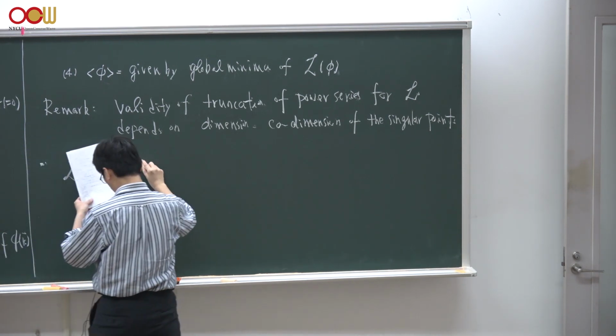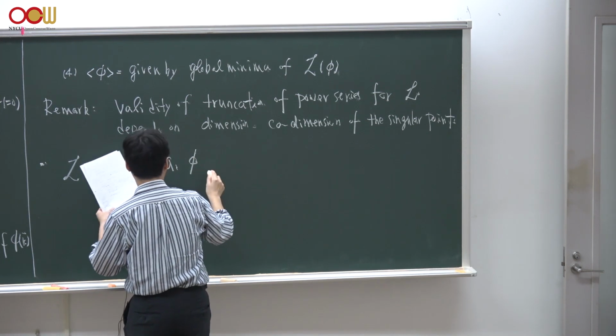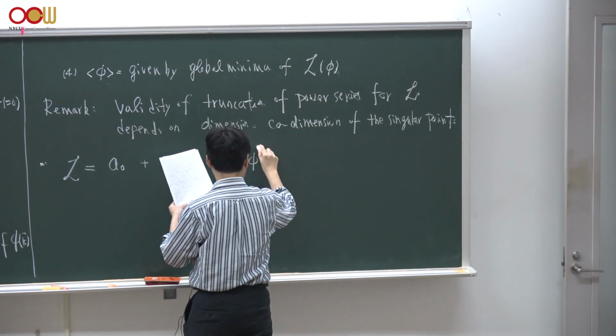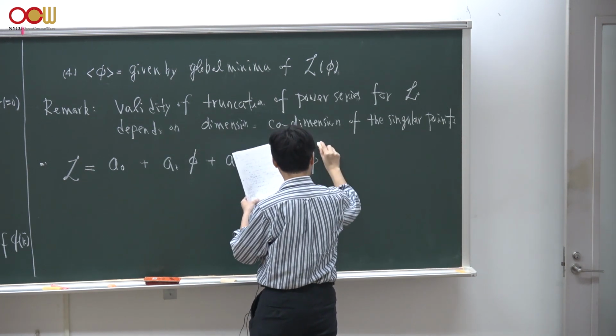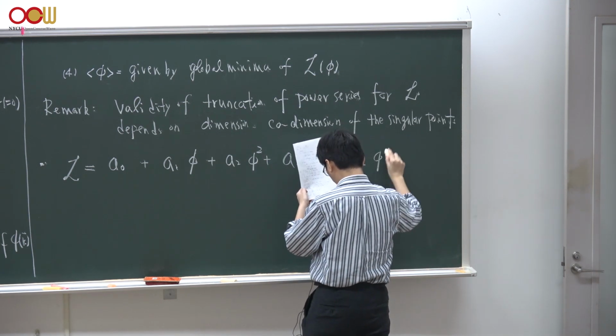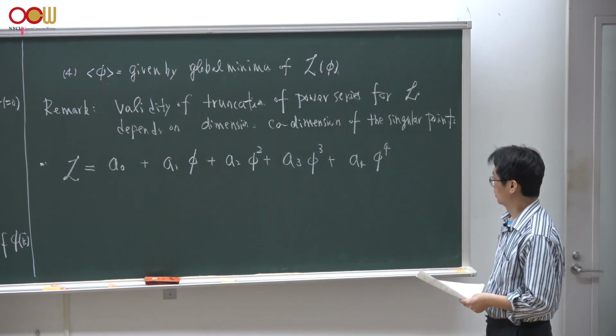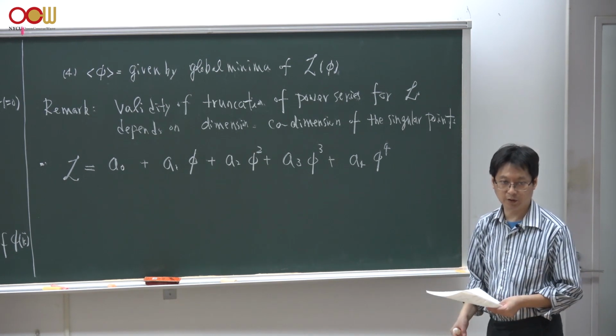We have A0 plus A1 phi, A2 phi squared, A3 phi cubed, and A4 phi to the 4th. Okay, so please note that these coefficients are purely phenomenological.